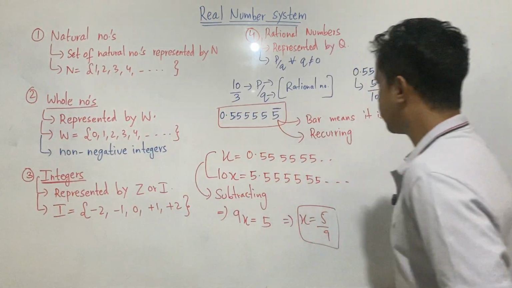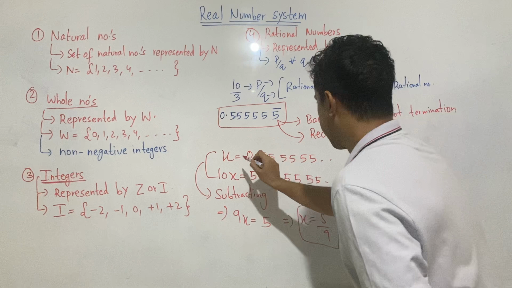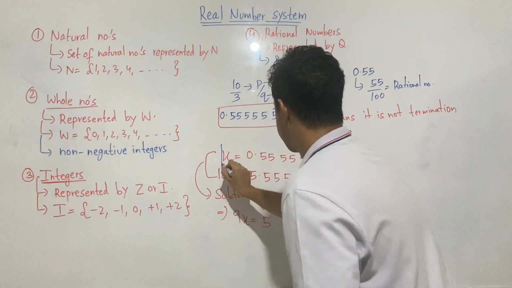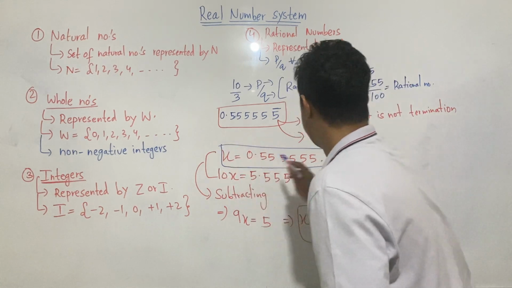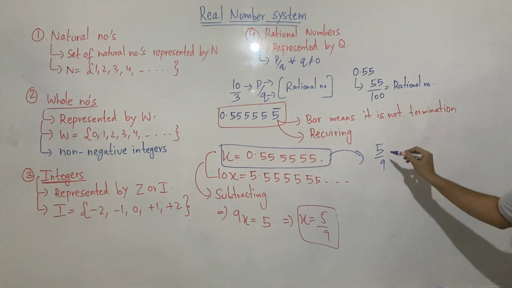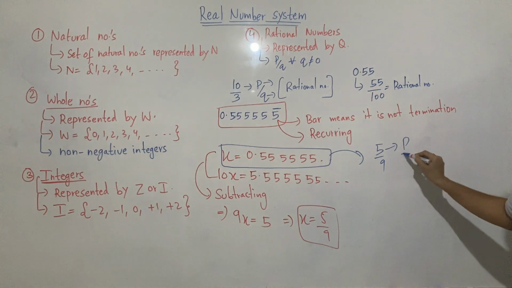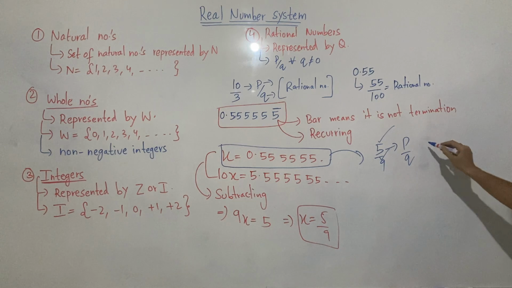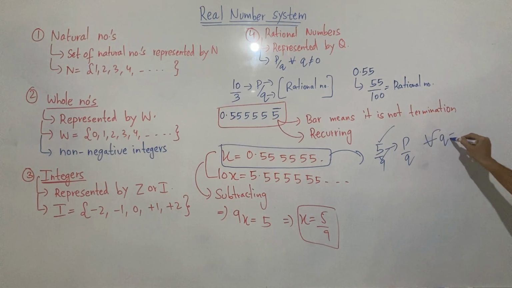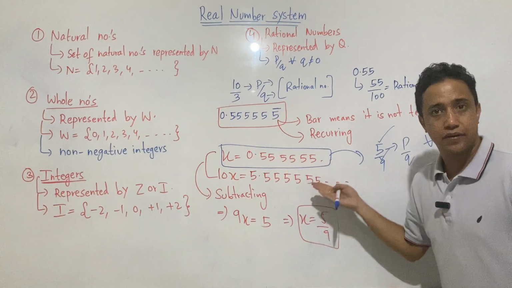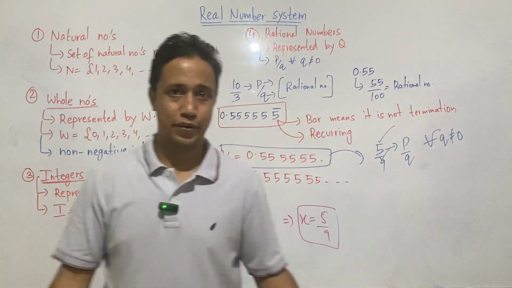It means that this number x can be written as 5 by 9, which is of the form p by q, where p is an integer, q is an integer, and where q is not equal to 0. So this number is a rational number, right?